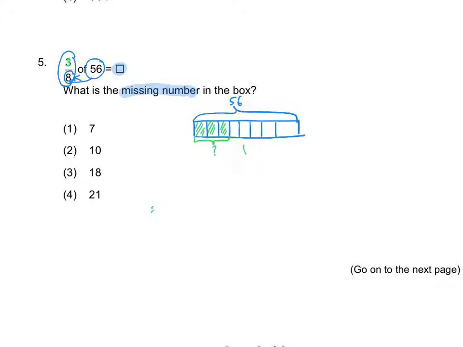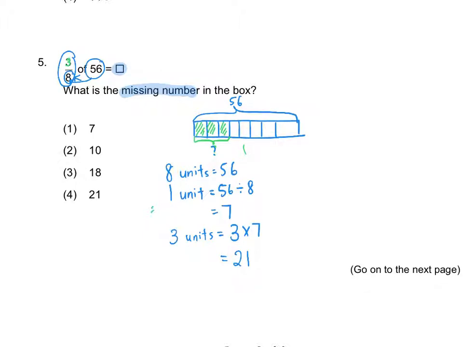So I'm going to write down 8 units is equal to 56. So if I want to find 1 unit, I will take 56 divided by 8. Answer is 7. And we want to find the unknown question mark, which has how many units? 3 units. So to find 3 units, we take 3 times 7, and our answer is 21. Answer is number 4.